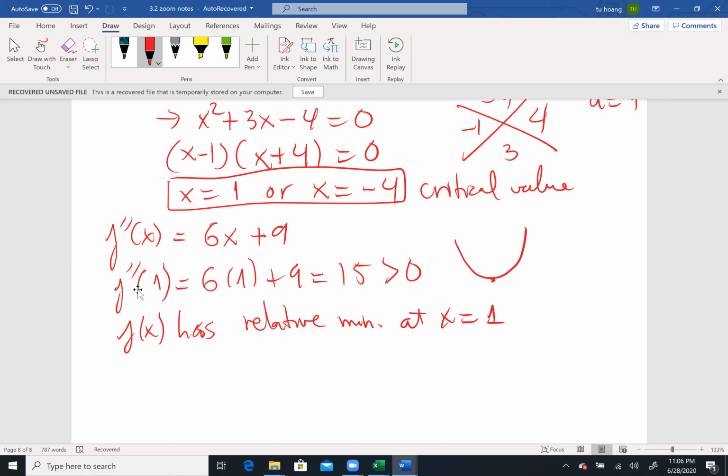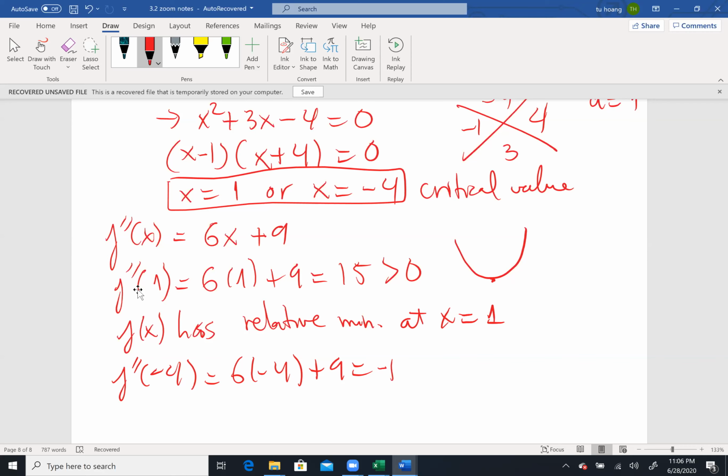And for the other one, it's going to be -4. I'm gonna have 6 times -4 plus 9 equal to -24 plus 9 equal to -15, which is less than 0.